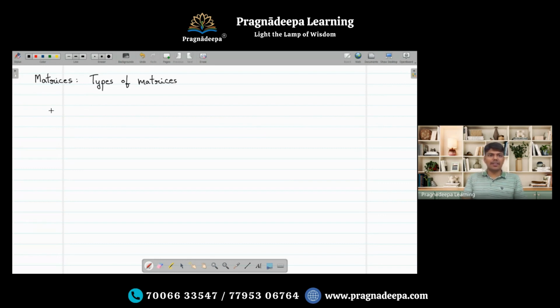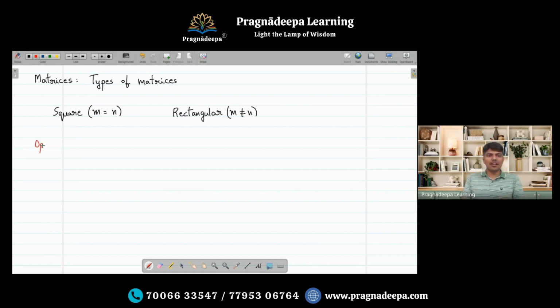In that, I can bifurcate into square matrices where the number of rows is equal to the number of columns, and rectangular matrices where M is not equal to N, correct? And under square matrices, we learned diagonal, scalar, and identity.